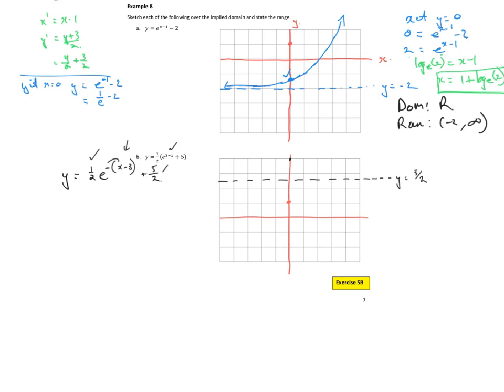So that's where it goes, and it's going to go 3 units to the right. I might have to start it again, only because I want to move that horizontal asymptote down lower. Let's start somewhere like this. So now, there's my horizontal asymptote, y equals positive 5 on 2.